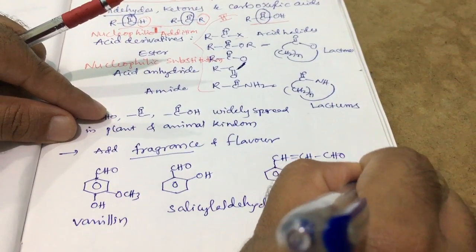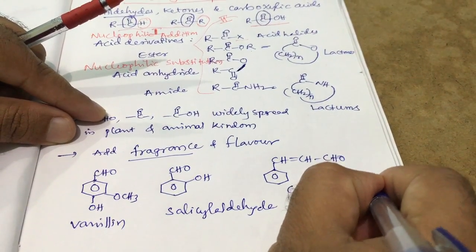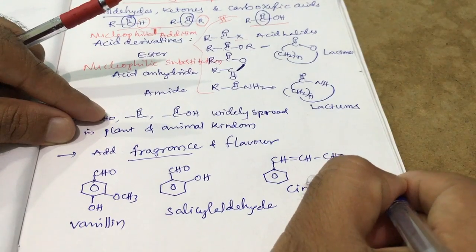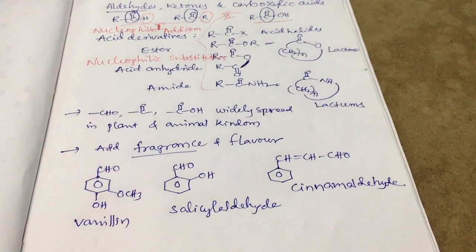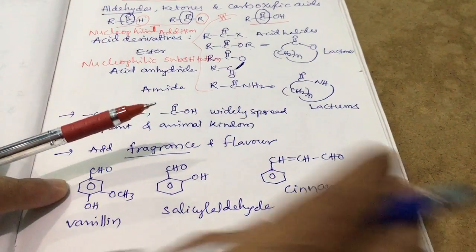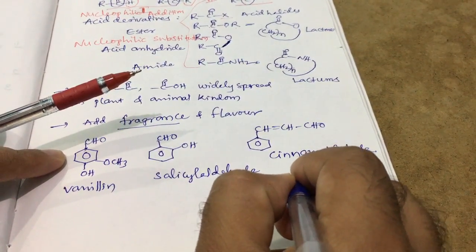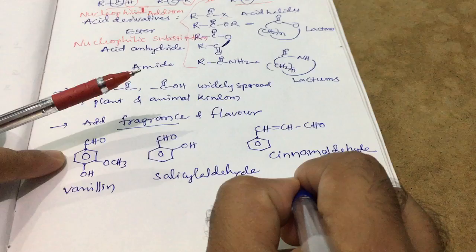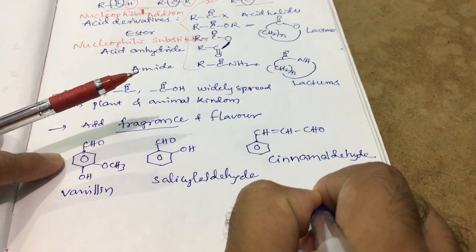Keep in mind, these common names are very important because instead of IUPAC names, common names are frequently used, that is cinnamaldehyde, salicylaldehyde, vanillin, and sometimes camphor also. It may not be given in the book, but camphor is also one of the carbonyl compounds, having the keto group. If you want, I will give its structure.